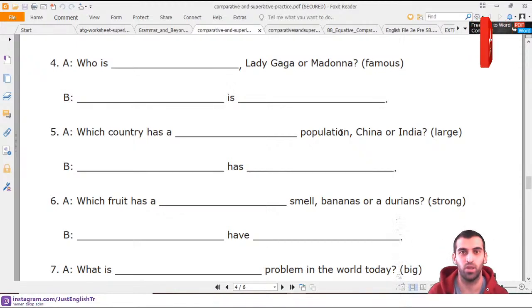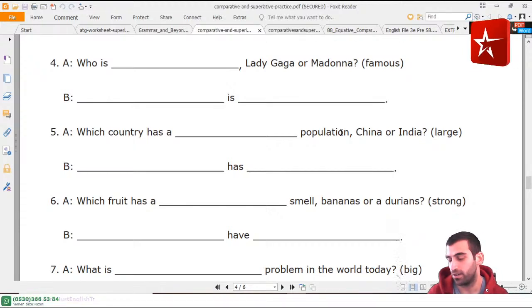Azme says Madonna is more famous than Lady Gaga. Okay. Any more answers? Who is more famous, Lady Gaga or Madonna? They say Madonna is more famous than Lady Gaga.